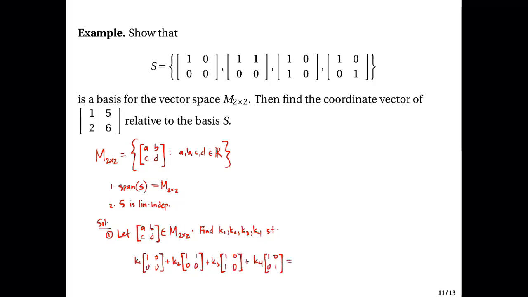And we want to show that this linear combination is A, B, C, D. I mean, we need to find the values of K1, K2, K3, and K4 such that this linear combination is the matrix ABCD.